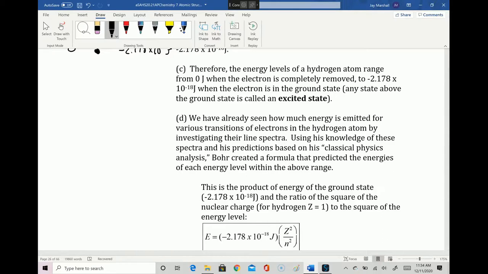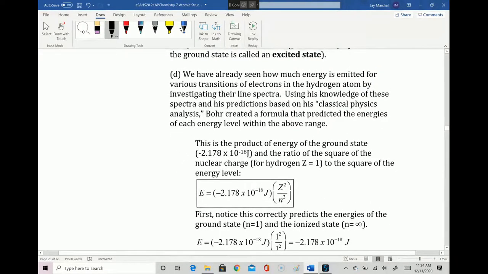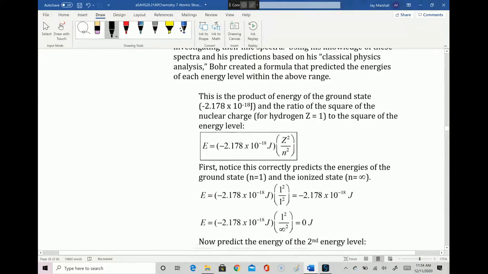Now, we've already seen how much energy is emitted for various transitions of electrons. Using his knowledge of these spectra and his predictions based on classical physics, Bohr created a formula that predicted the energy level within that range.